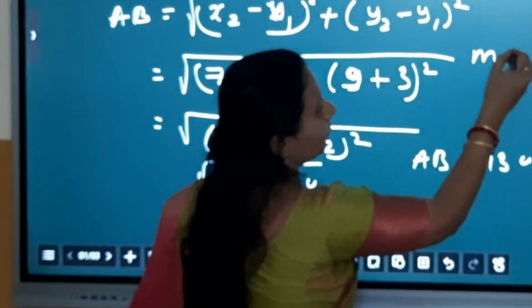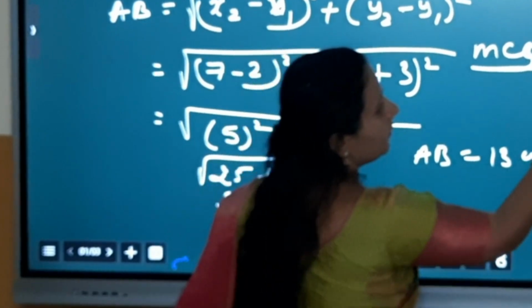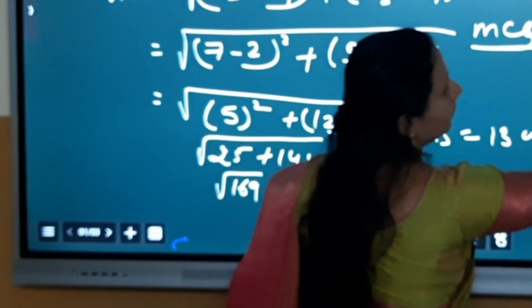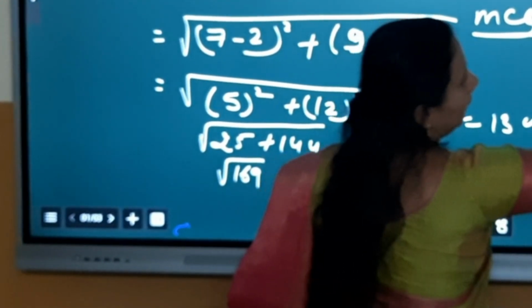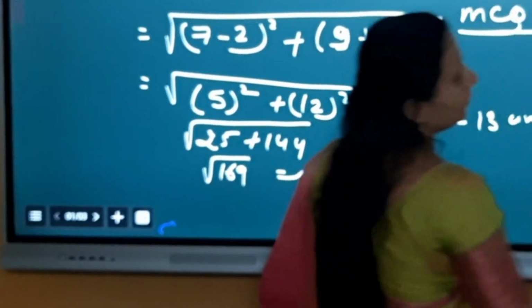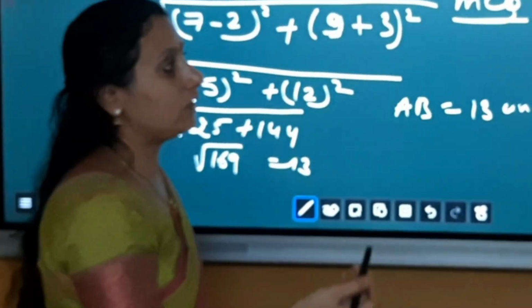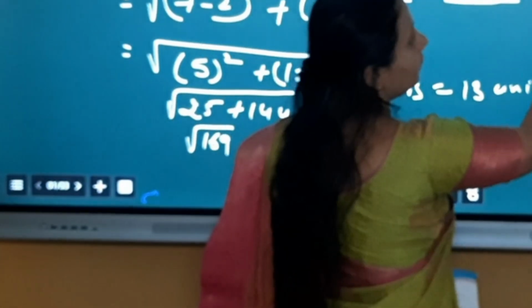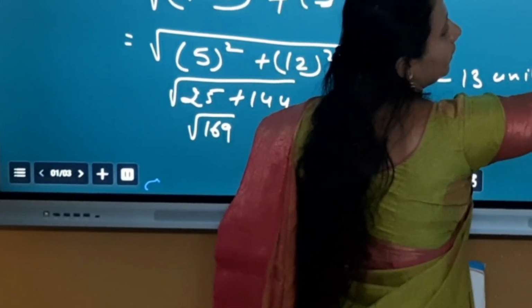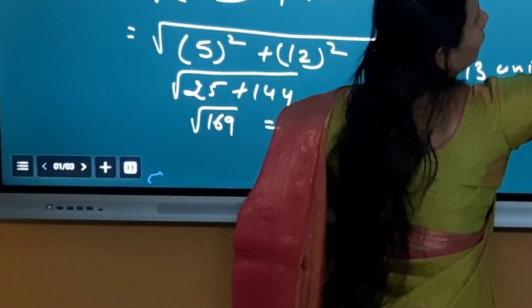For your MCQ, they can ask what is the distance between the origin and any coordinate, say 2, 3. As it is an MCQ, we can solve it very quickly. Origin is nothing but 0, 0. So we need to find the distance between 0, 0 and 2, 3.